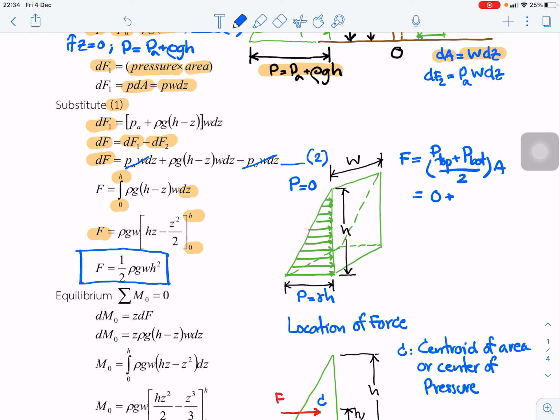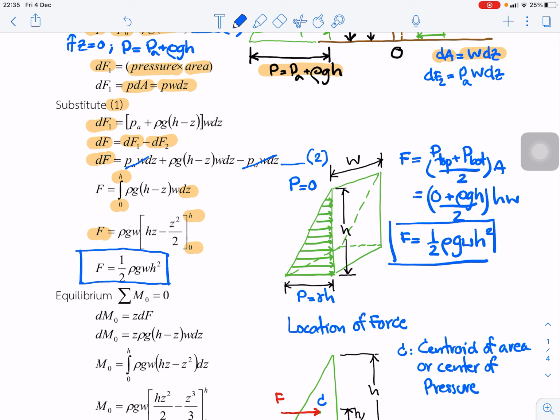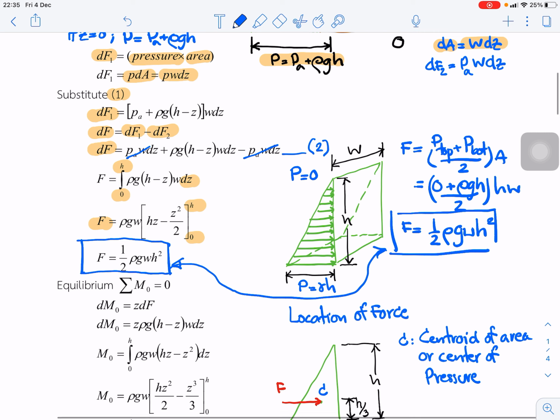P top is 0, P bottom is rho g H, divided by 2. The area is H times W. So we get F equal to 1/2 rho g W H square. It is similar to what we derived from the differential equation, so we can derive it either way, or from the prism concept.